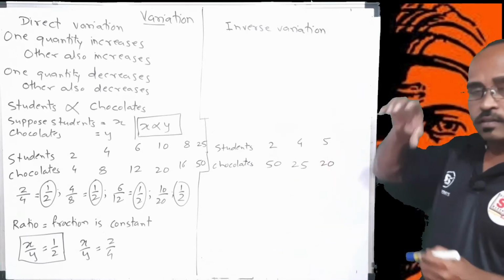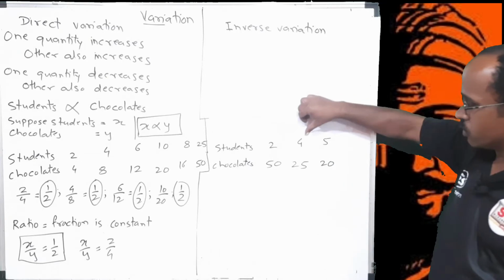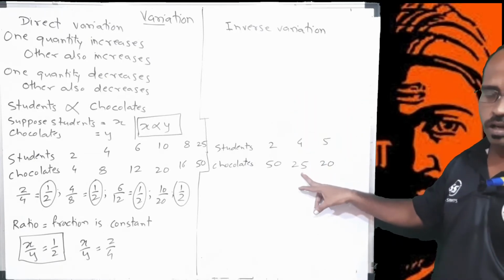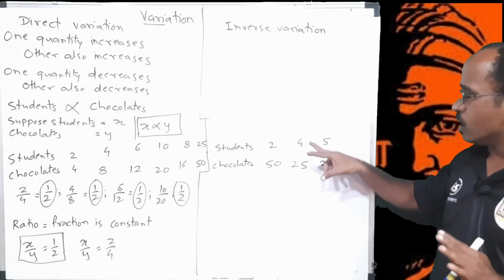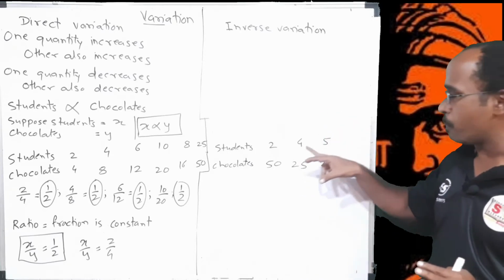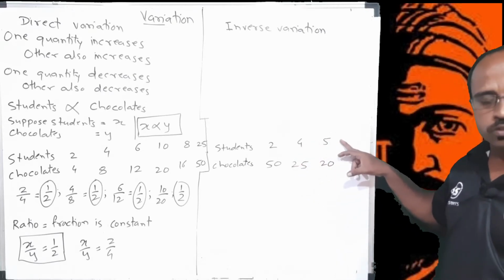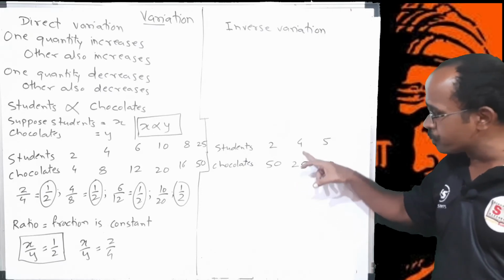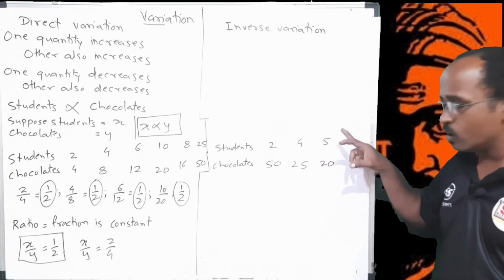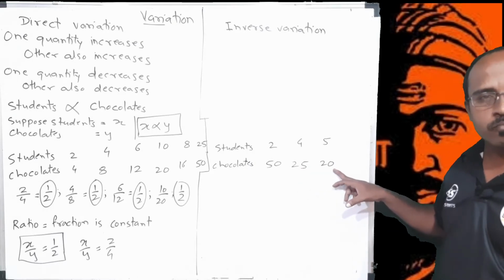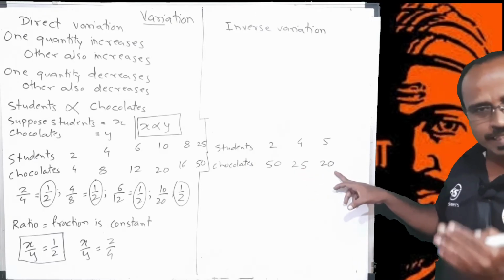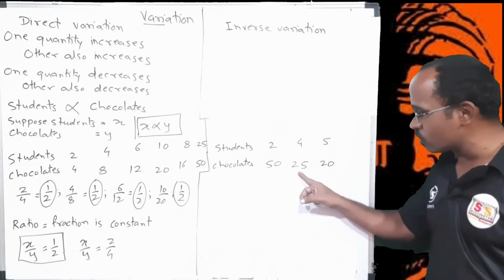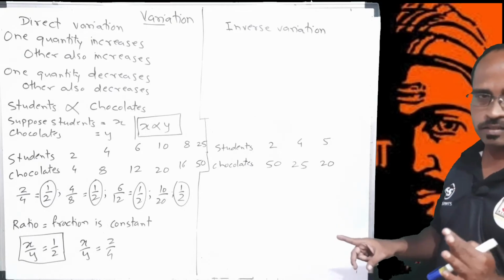See, same 100 chocolates, if you give to 4 students, each student will get 25 chocolates. If students will increase, instead of 4 students, if you distribute those chocolates to 5 students, each student will get 20 chocolates. So number of students are increased from 4 to 5. So number of chocolates per head, are they increased or decreased? They are decreased. If one quantity is increased, if students are increased, another quantity, chocolates, are decreased, right?